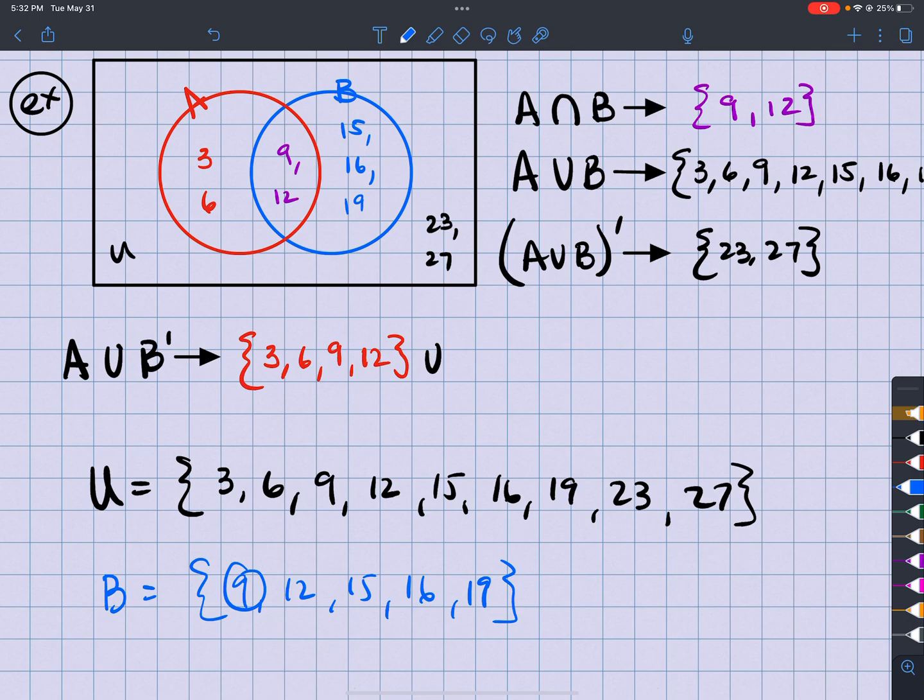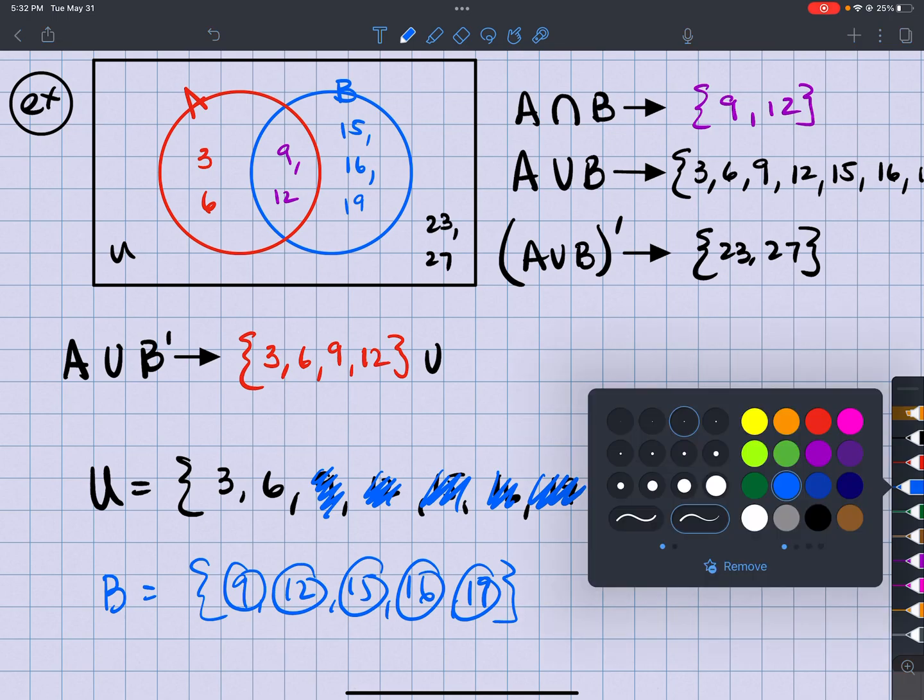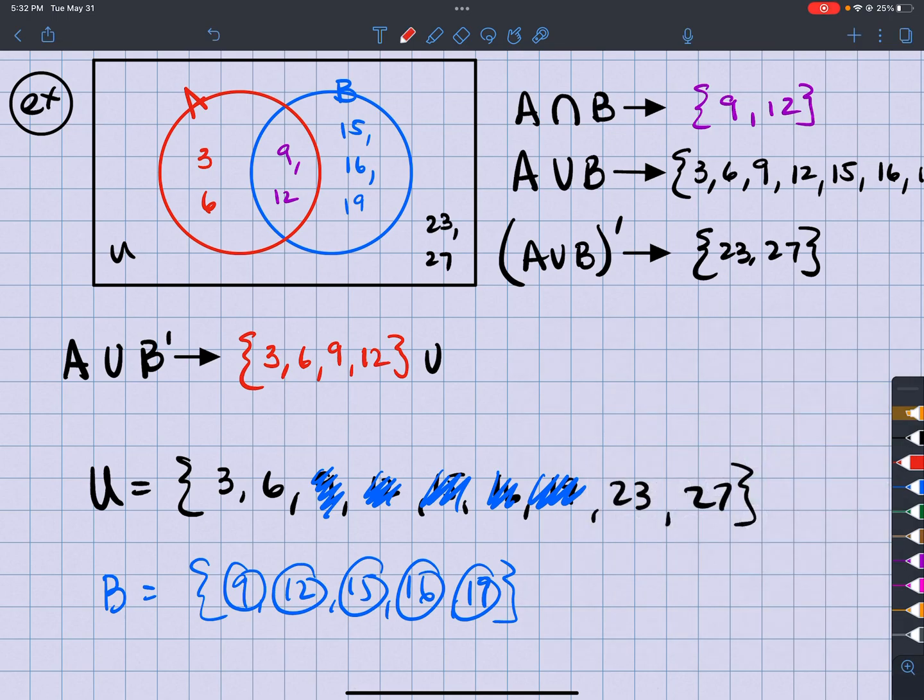So my not B is going to be 3, 6, 23, and 27. Okay.